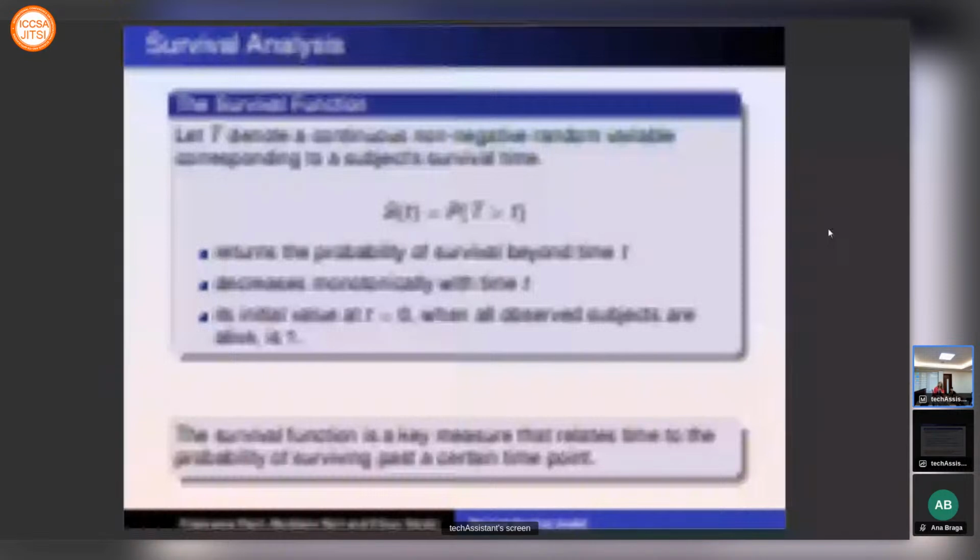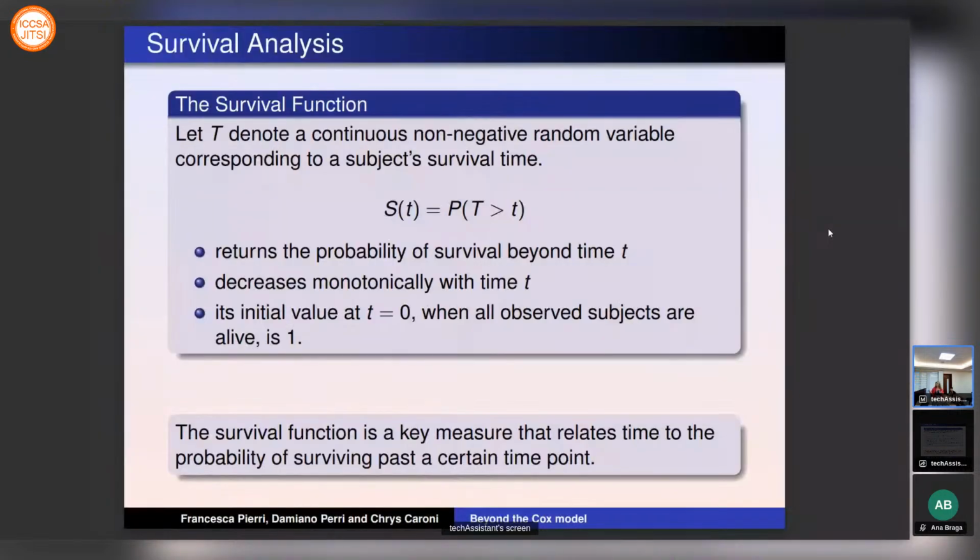The survival function is a key measure that relates time to the probability of survival past a certain time period. T denotes a continuous non-negative random variable, and the survival function returns the probability of survival beyond time t.